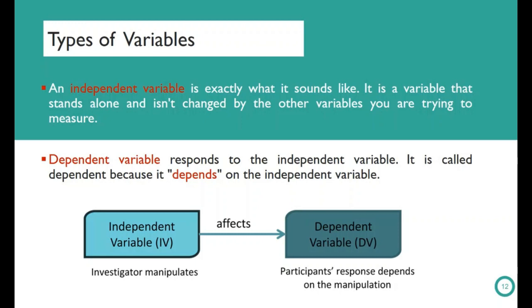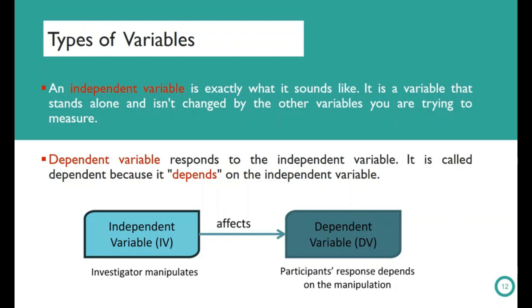An independent variable is exactly what it sounds like. It's independent. It is a variable that stands alone and is not changed by the other variables you are trying to measure. While the dependent variable responds to the independent variable, it is called dependent because it depends on the independent variable.